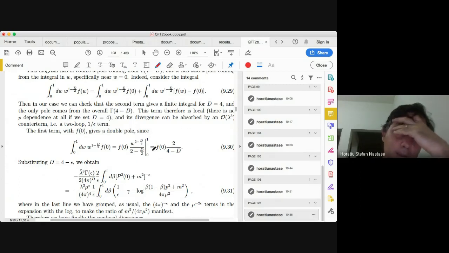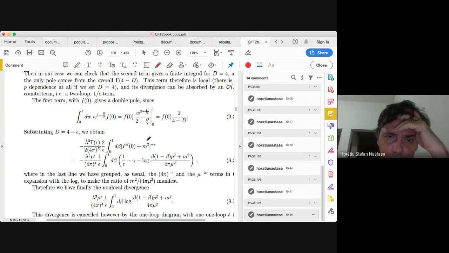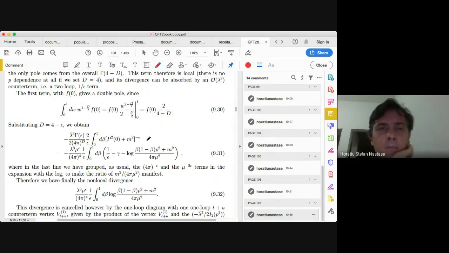No, yes, no, it's w equal to 0, because again, this is the power 4 minus d over 2, which is epsilon. I think I did something wrong here.